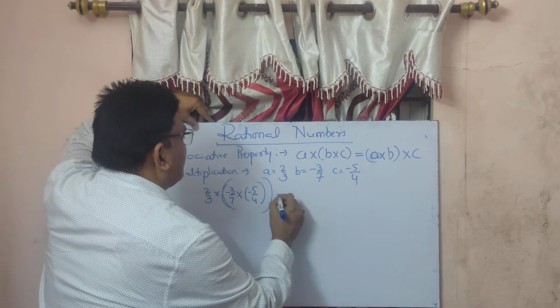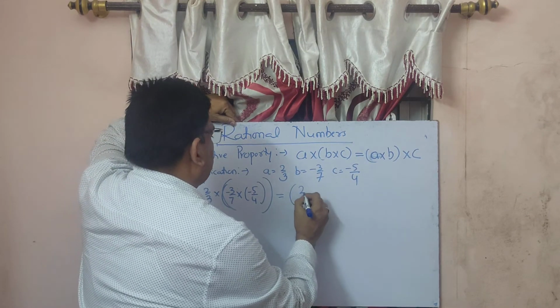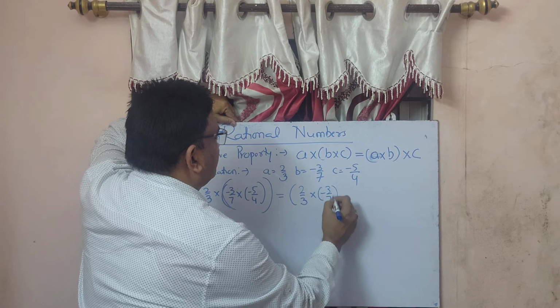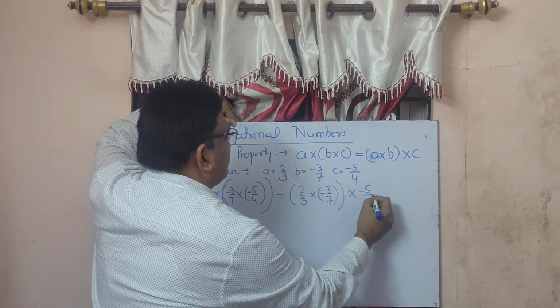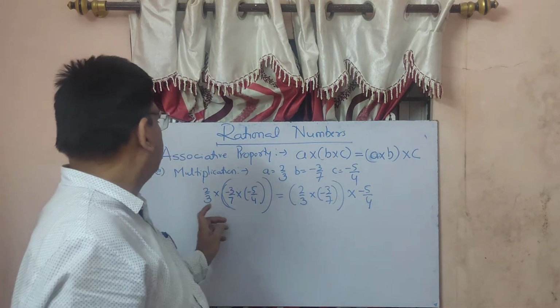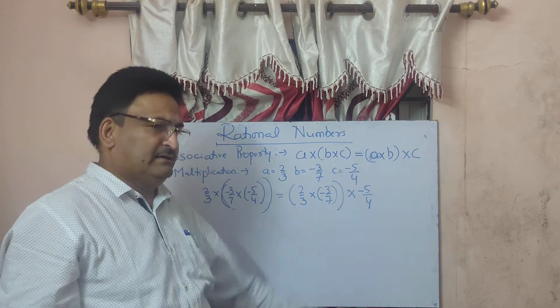That is equal to again A into B into C, where A is 2 upon 3, B is minus 3 upon 7, and C is minus 5 upon 4.